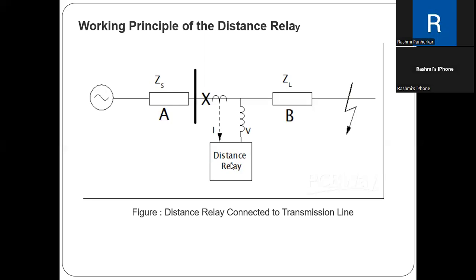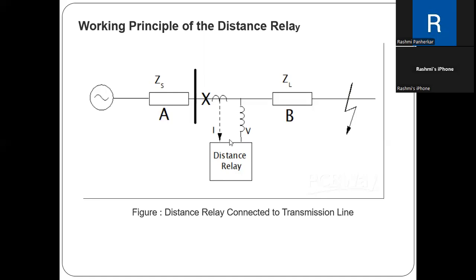Now, whenever a fault condition occurs on the transmission line, the current magnitude goes higher than that of the voltage. When the fault occurs in the system, the current is maximum compared to the voltage.